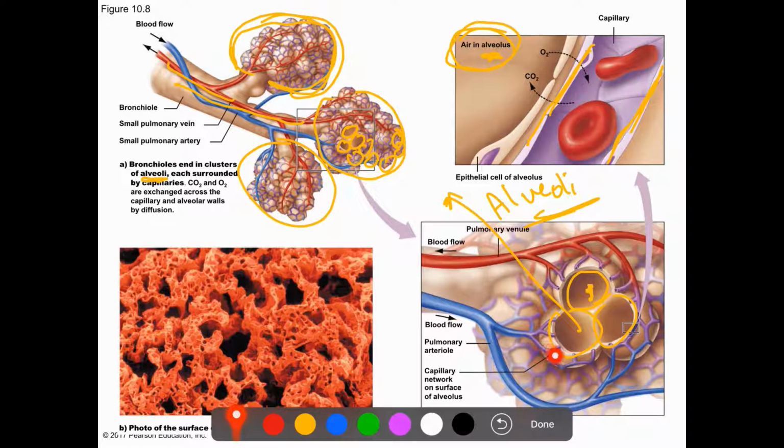These arteries will keep branching around the alveoli to allow the gas exchange. Then the blood is recollected into the pulmonary vein and sent back to the heart, and from there it will be redistributed throughout the body.